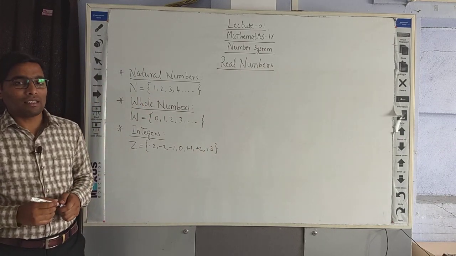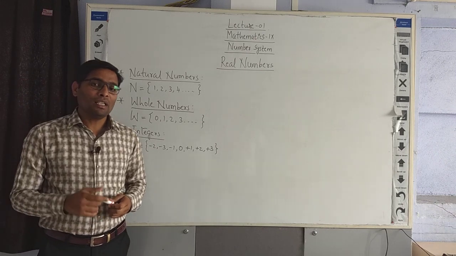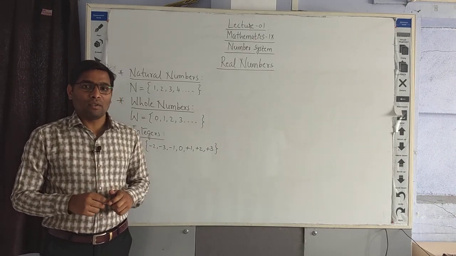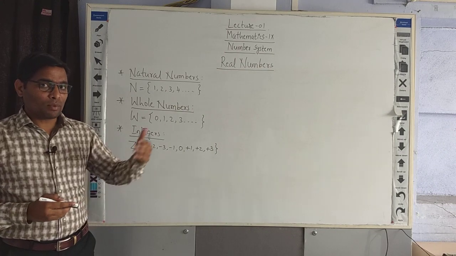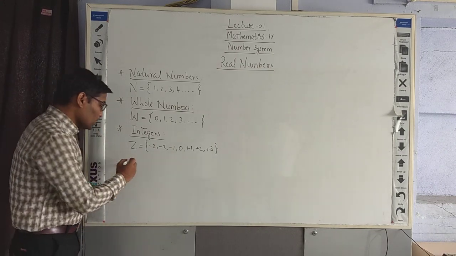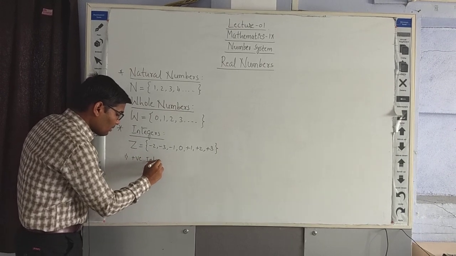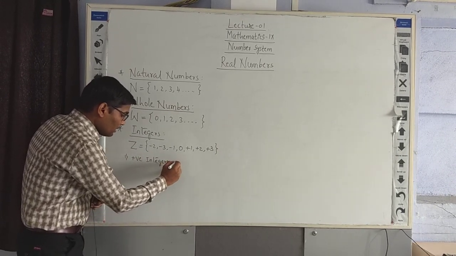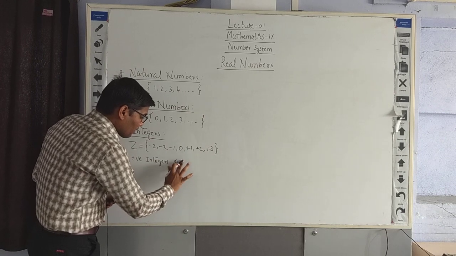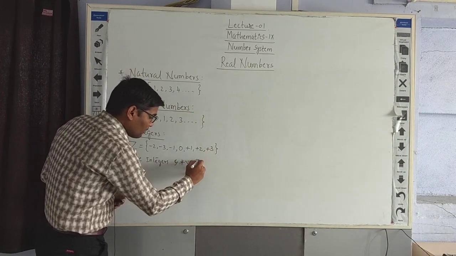In integers there are two types, namely positive integers and negative integers. Let's discuss the types of integers, that is positive integers and negative integers.